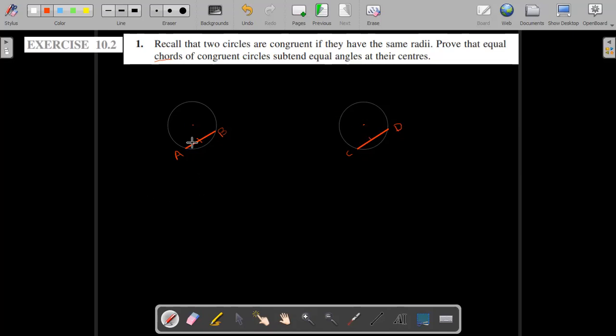And these are two congruent circles. So how will we write? We will write the given: two congruent circles. They have the same radius, but different points for their centers. So this has center O dash.